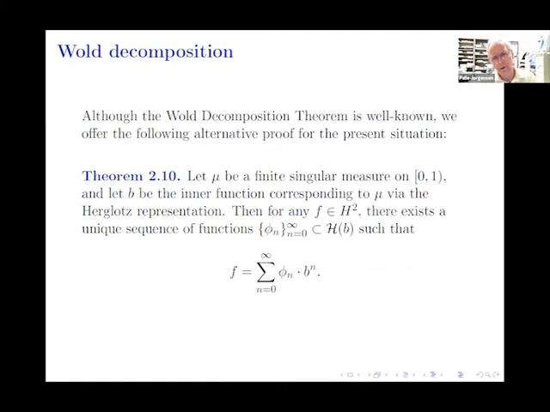Actually, Wold was a Swedish mathematician who worked for an insurance company, and he developed the stationary processes. But the stationary processes gave rise to isometries, and they caught the attention of Helmers, who rephrased good old Wold in the language of isometries.